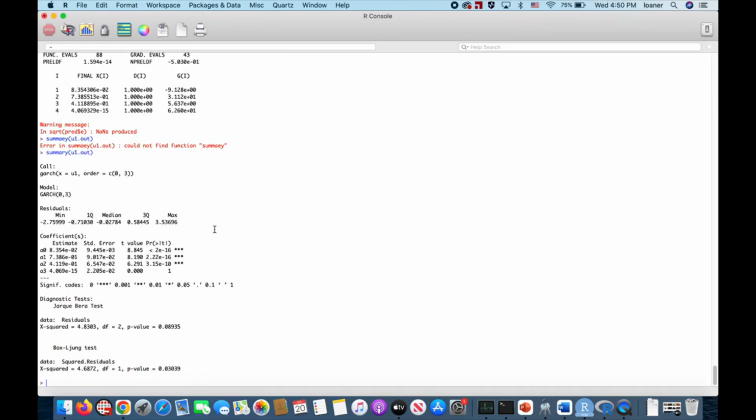Okay, so I'm not sure what this first error message was, but it doesn't seem to have bothered things. So I modeled this as an ARCH3, and I can see that the first one is 0.008, that's close to 0.1. The second one is 0.7, that's a little higher than 0.5. The next one is 0.4, and then the alpha 3 parameter, which is non-existent, the estimate is infinitesimally small.